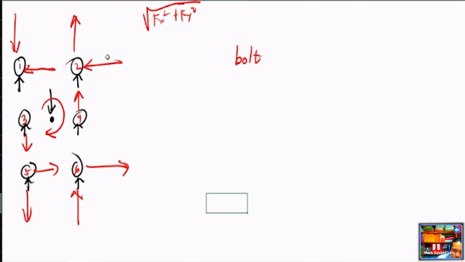Now for the red arrows naman, the magnitude of these red forces are directly proportional to its distance from the centroid. Okay, this is your centroid. Tapos ini nga arrow, since this arrow and this arrow, or this force and this force, are on the same perpendicular distance from the centroid. Diba the same distance?